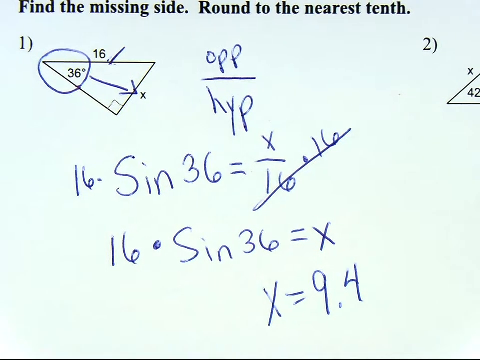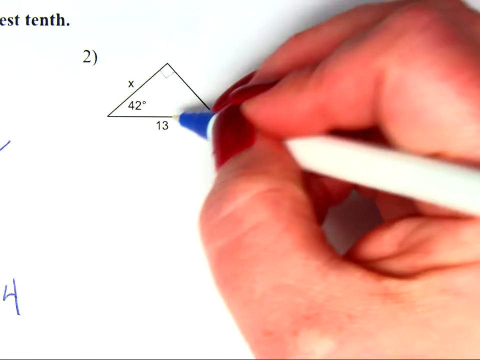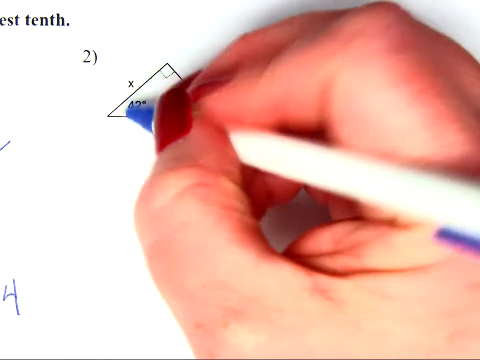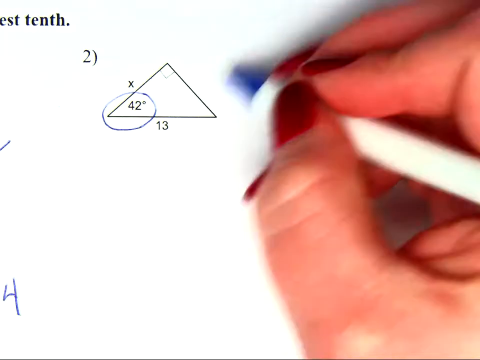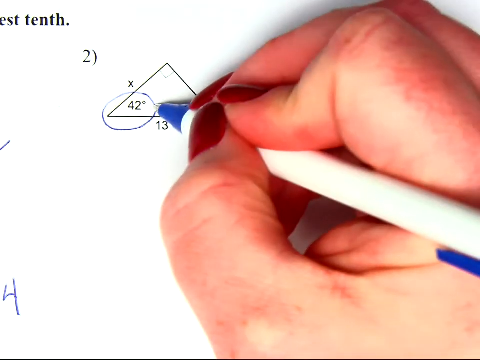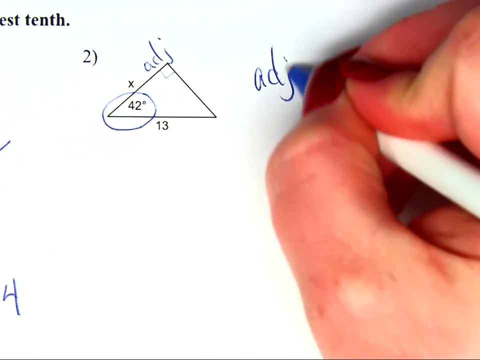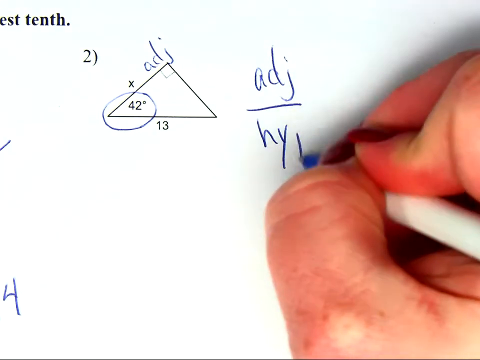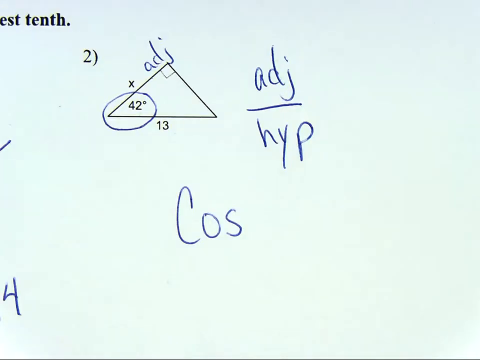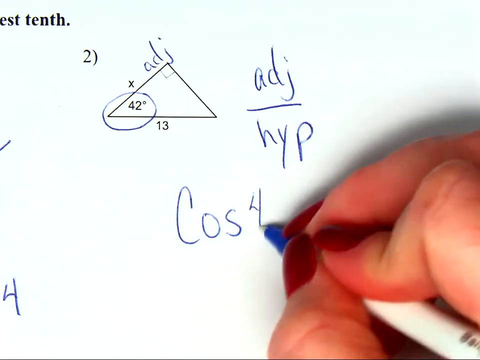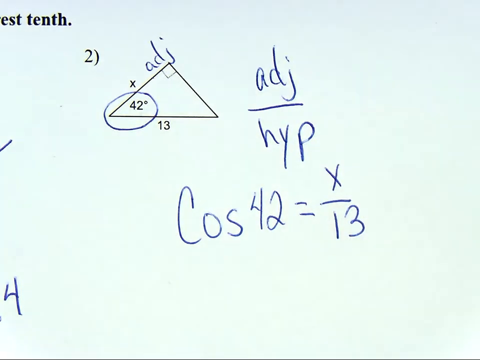If I am looking at the next example, number 2, again, I want to find X and I want to start from the degree measure. The degree measure is 42, and I am given the side that is adjacent, and I am also given the hypotenuse. Adjacent over hypotenuse means cosine. So I'm going to say that the cosine of 42 is equal to X over 13.